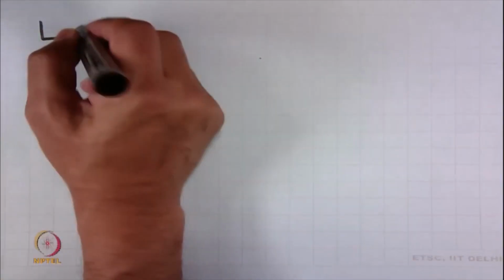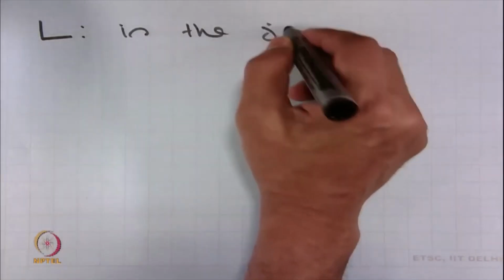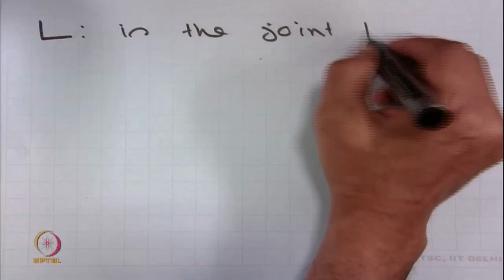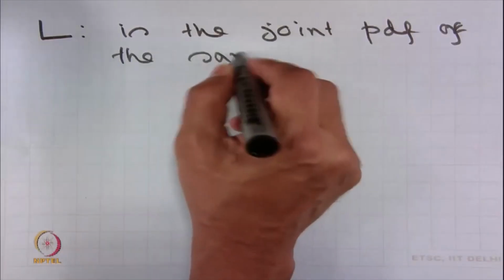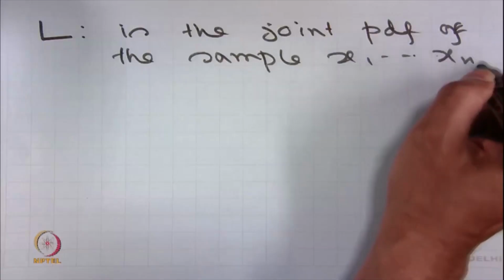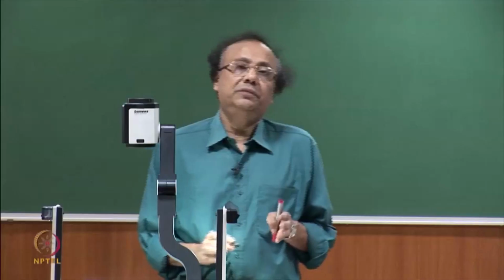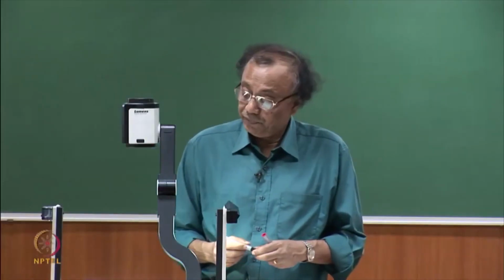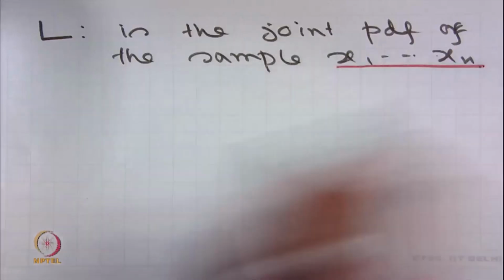In this respect, what is L? L is the joint PDF of the sample x1, x2, ..., xn. In other words, we want to estimate theta or some function of it. We have taken a sample x1, x2, ..., xn.